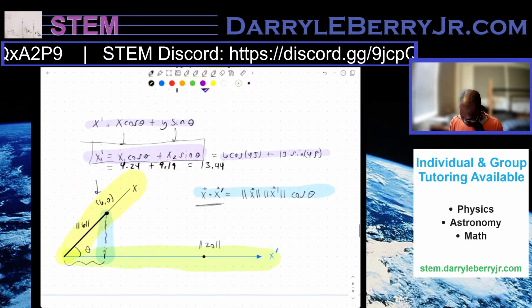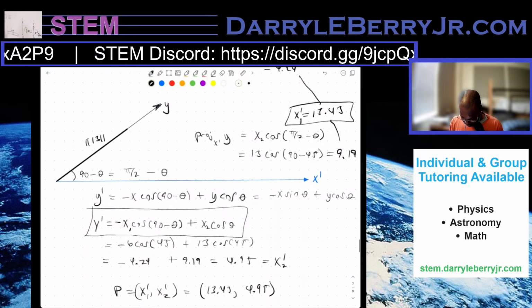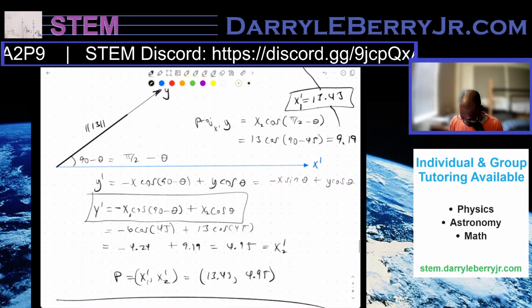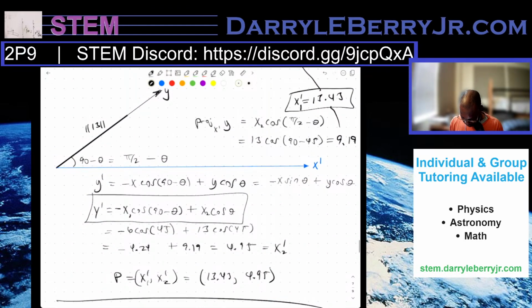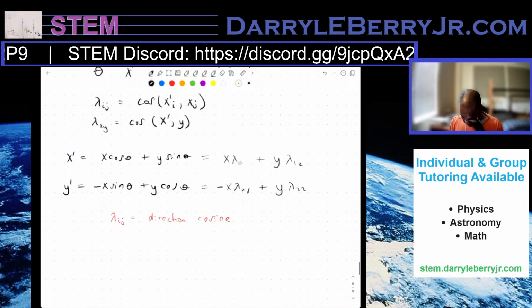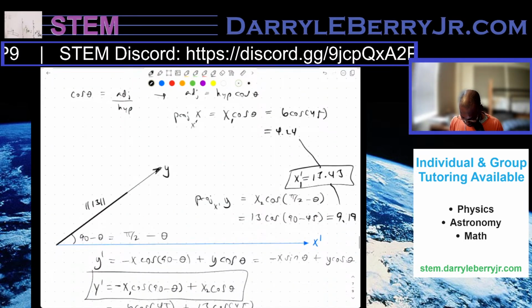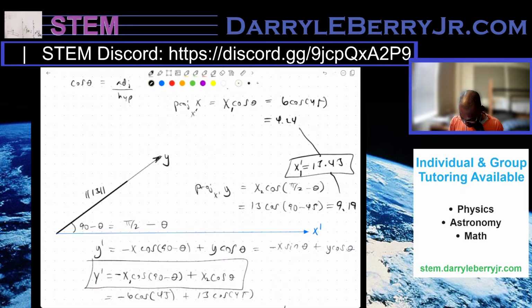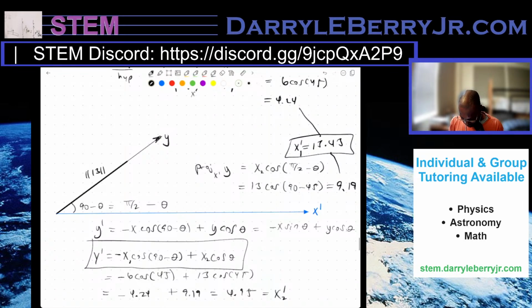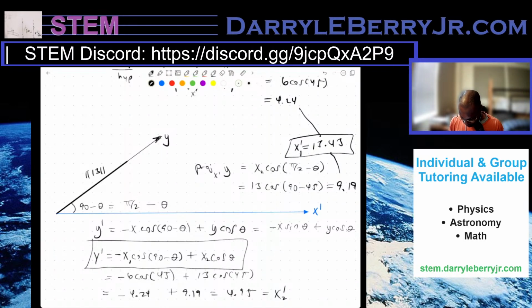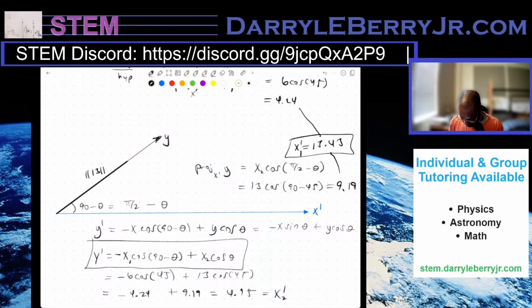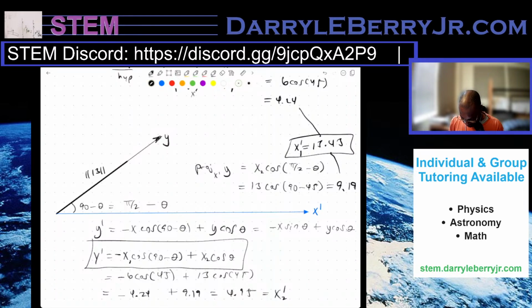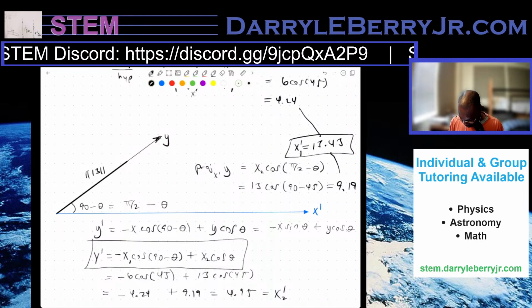So yeah, technically it'll be the x component of each. So this one is a 13 for the y, and y prime is negative x cosine that angle.